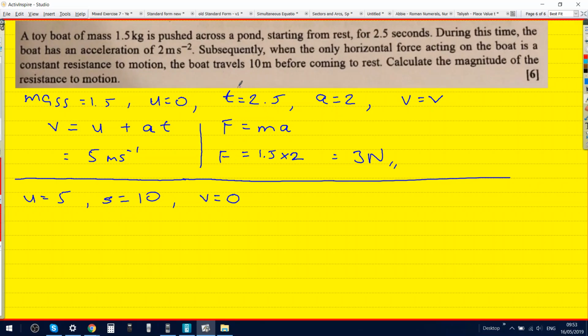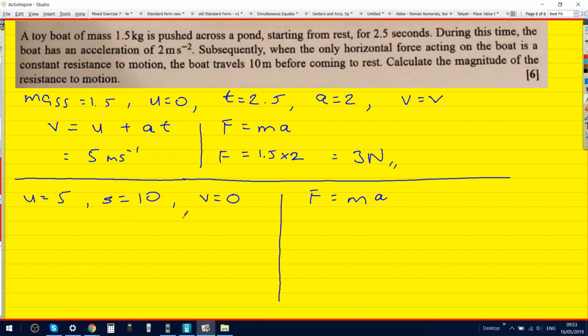So to find the force that's resisting motion, we're going to be using F = ma again. The problem is we don't know the a. We know it's going to be a negative number because it's slowing down. So how can we find a? It's the SUVAT equations again, but I'm not sure which one.